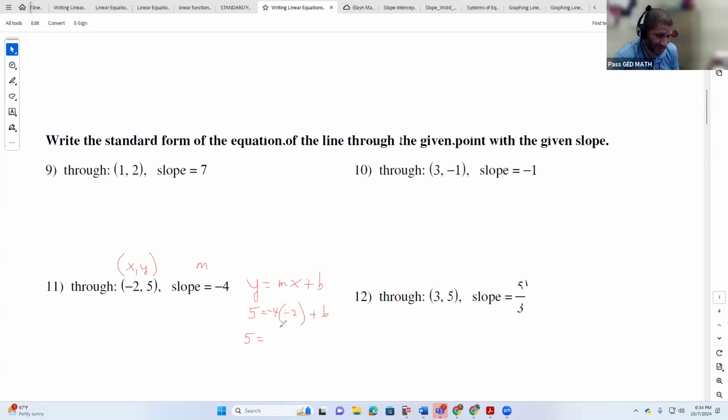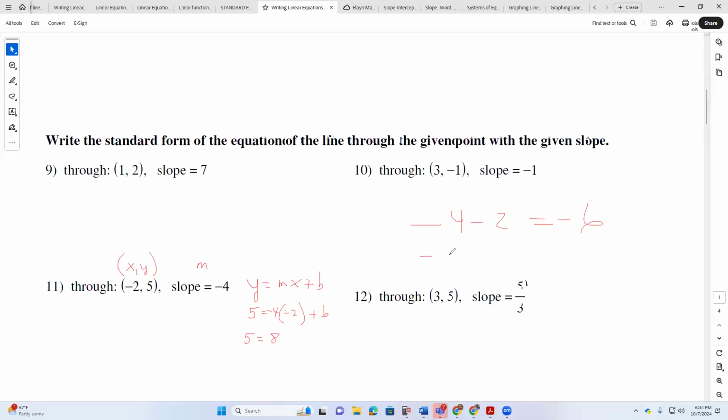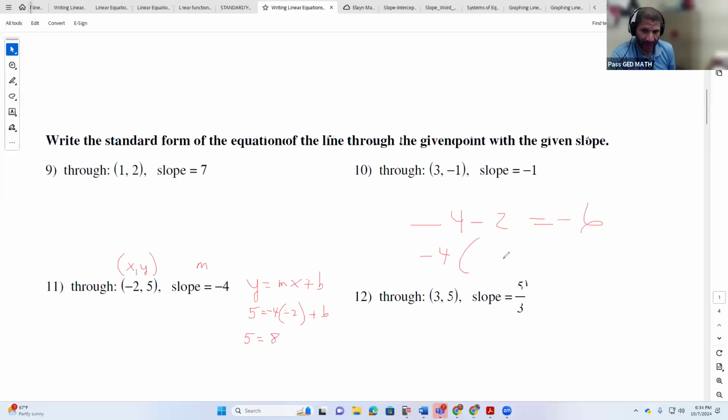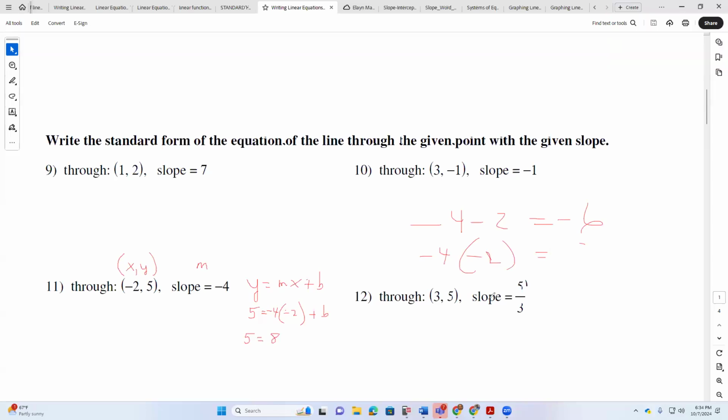Remember, what do those parentheses mean? Multiplication. We're not putting -4 -2, that would be -6. We're doing -4 in parentheses times -2, which is multiplication, which is a +8, which is a positive. Okay, I messed that up with the parentheses.